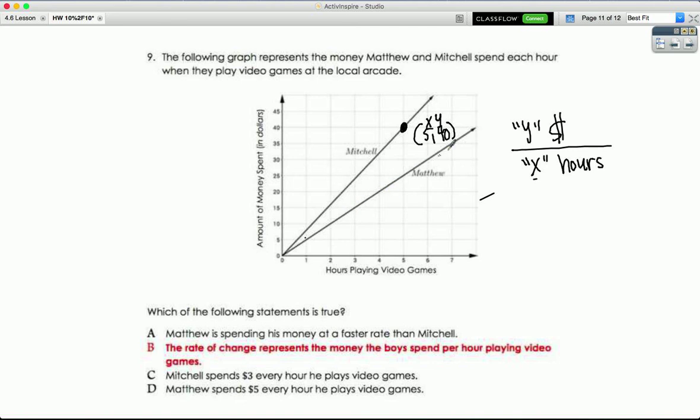It's kind of a little bit blurry, but it looks pretty clean, which is up 5 over 1, up 5 over 1. So Matthew does spend $5 every hour he plays video games. So that is also another correct answer. So the two correct answers are B and D.